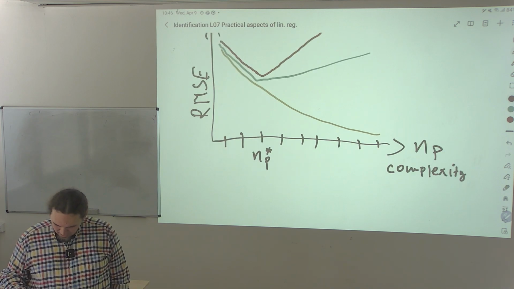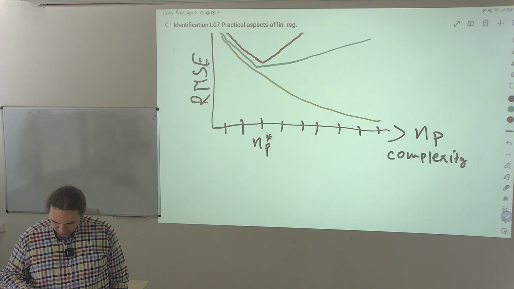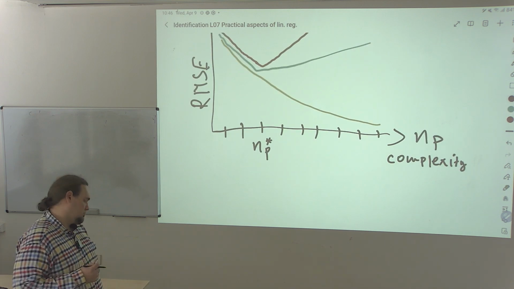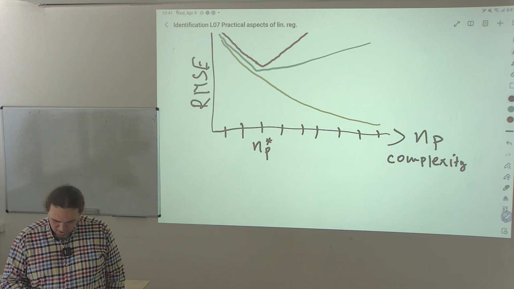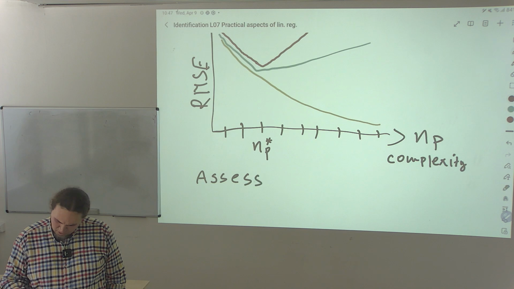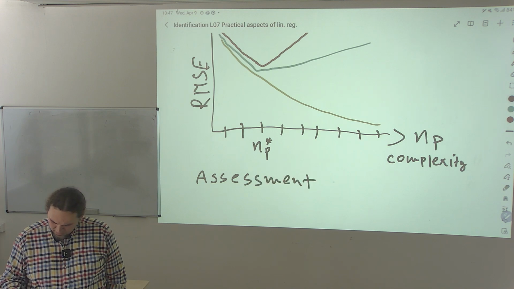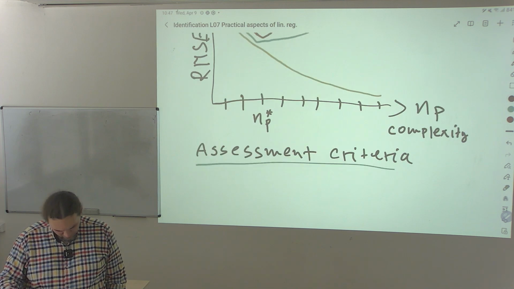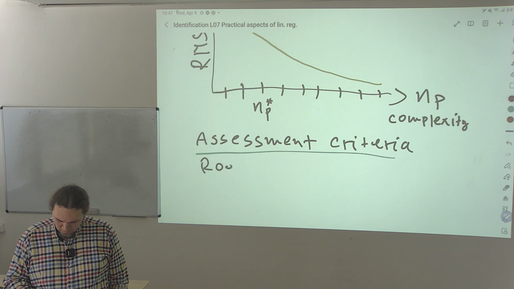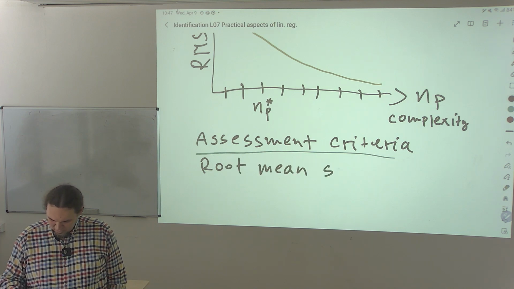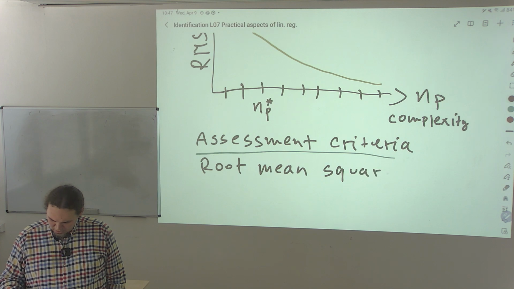Of course, when we are talking about this RMSE, there are some other assessment criteria. So let's maybe go through them. Our assessment criteria. Of course, you already know this because you've seen it in your exercises.